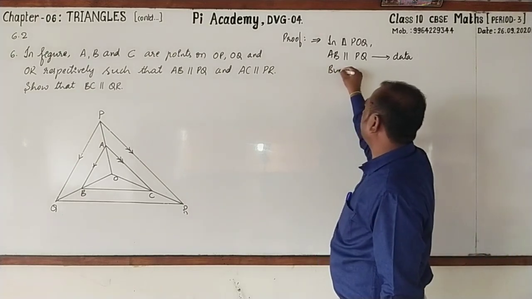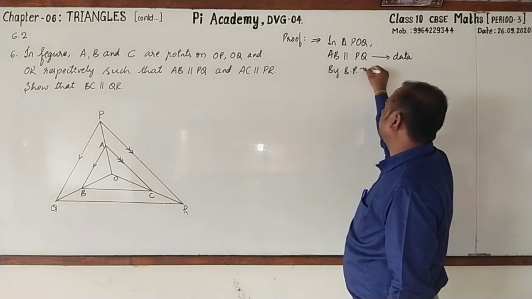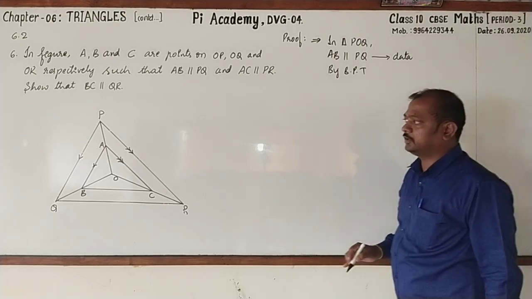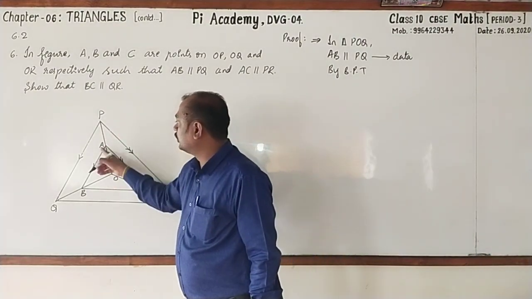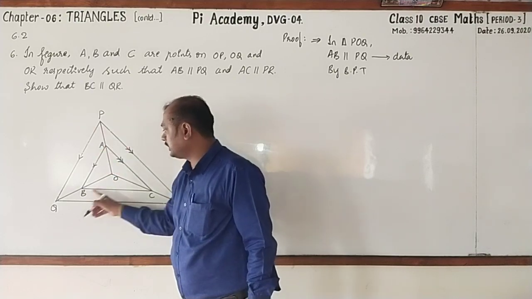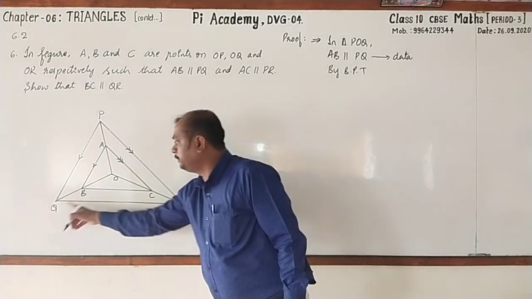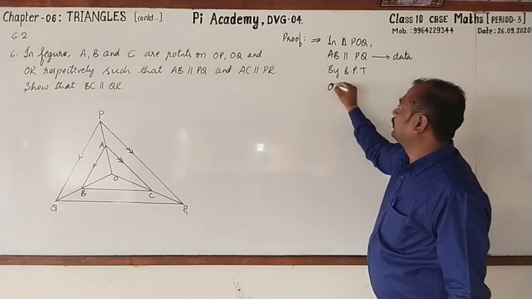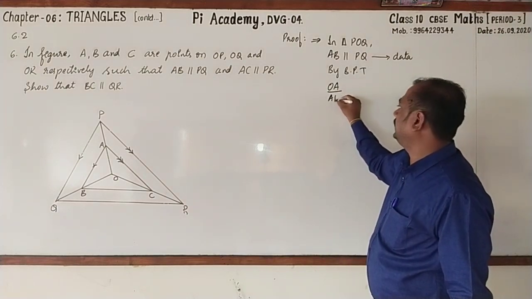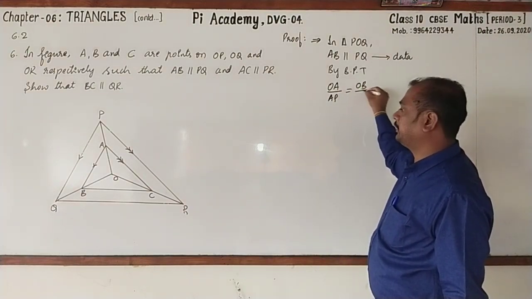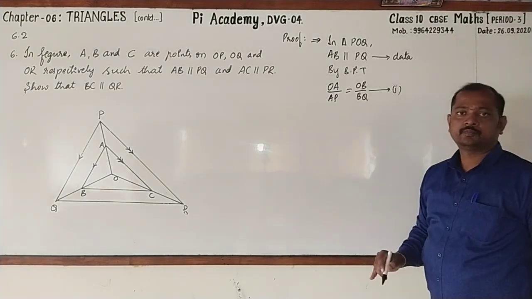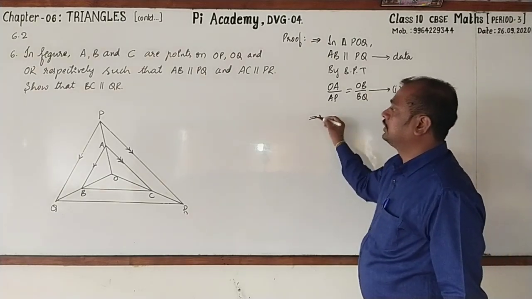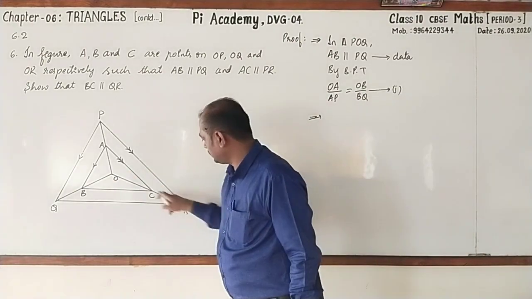Then if it is parallel, we can go for using basic proportionality theorem. According to that, how do you write? You may write OA by AP is equal to OB by BQ. This is statement 1. Next, let's go for taking the triangle POR.